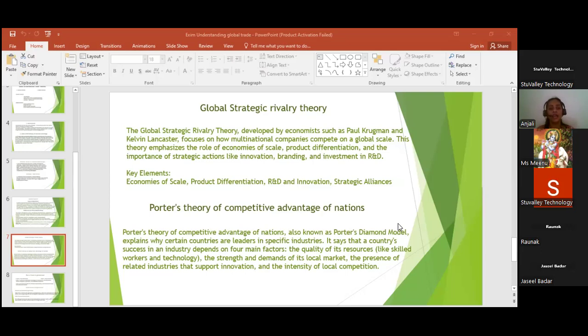This reduces the average cost per vehicle and makes them more competitive on price. So Toyota and Volkswagen are big companies we can't compete with, and millions of vehicles are produced per year.